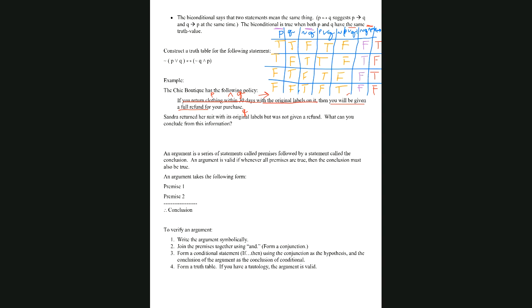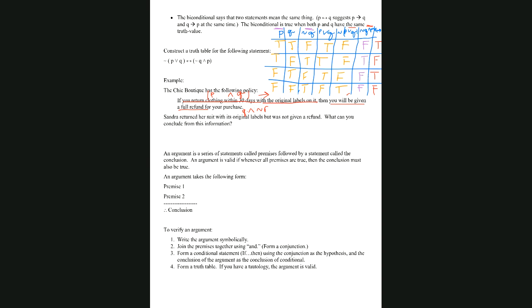So what I'm saying is, if P and Q, then R. So Sandra returned her suit with the original labels on it, so she had Q, but she was not given a refund. So we have Sandra is Q and not R.